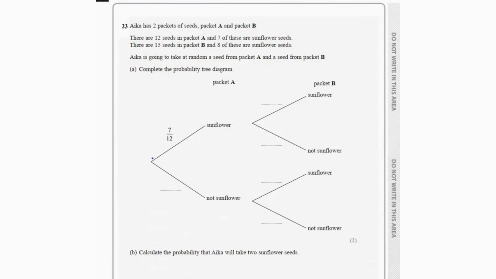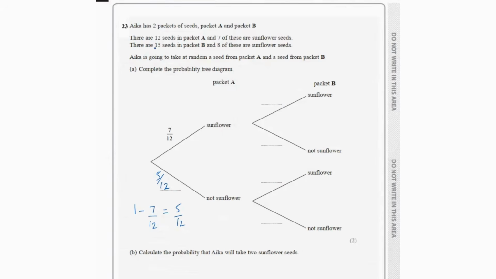So if the probability of getting a sunflower seed is 7 out of 12, the probability of not getting a sunflower seed is going to be 1 minus 7 out of 12, which is 5 out of 12. So this is 5 out of 12. Going back to the question, there are 12 seeds in packet A, and 7 of them are sunflower seeds.